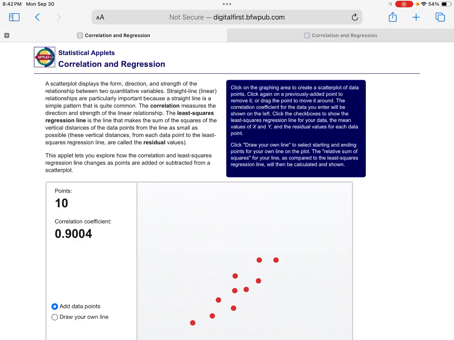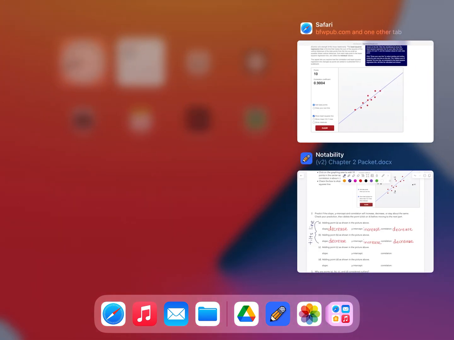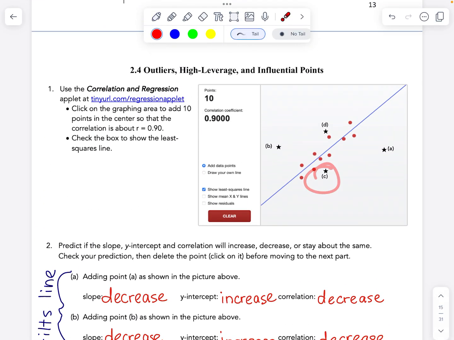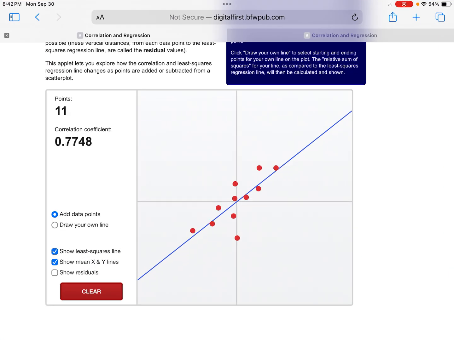Okay, now let's look at C and D. So point C is right here. Let's add that into this applet. Point C. Okay, that actually didn't change too much.